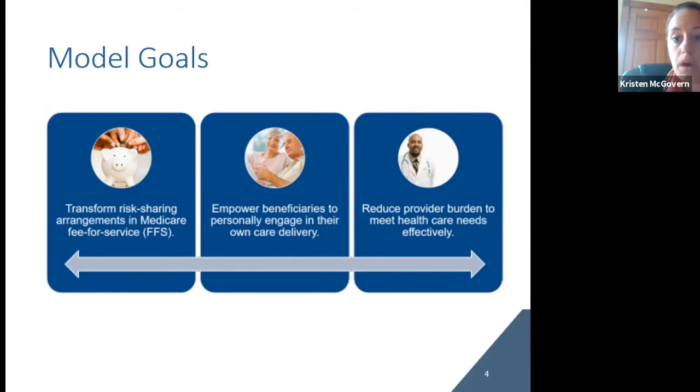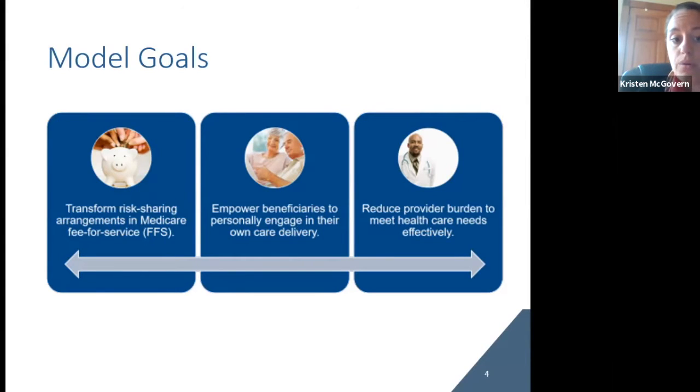The global and professional model is being tested in fee-for-service, not in Medicare Advantage, where you would traditionally find the private health plans offering a Medicare option. So in this case, the payer is CMS itself as the fee-for-service payer.